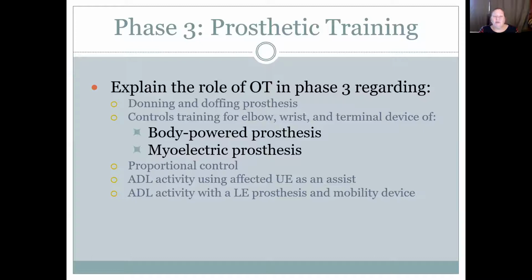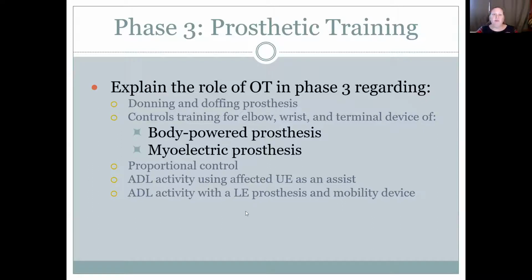ADL activity with lower extremity prosthesis and mobility device. So we have to get that leg, lower extremity prosthesis donned and safely attached, and then figure out how we're going to do our ADLs and IADLs with a new leg or foot or whatnot. Okay.